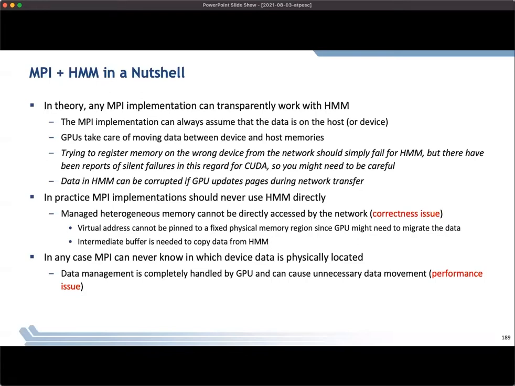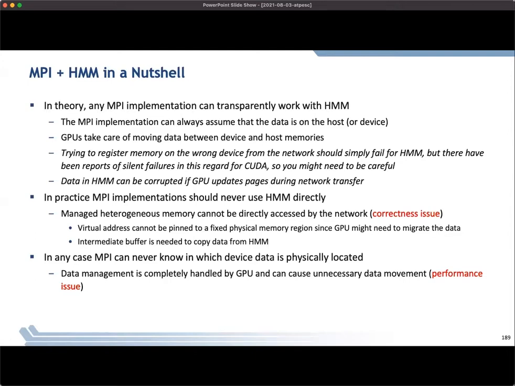But this conflicts with operating system guided page migration, and it potentially adds the overhead of page migration when you do communication if the data is not in the desired location.